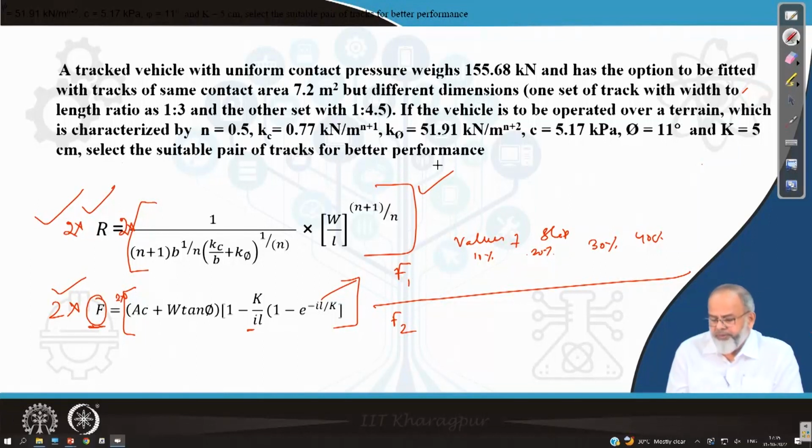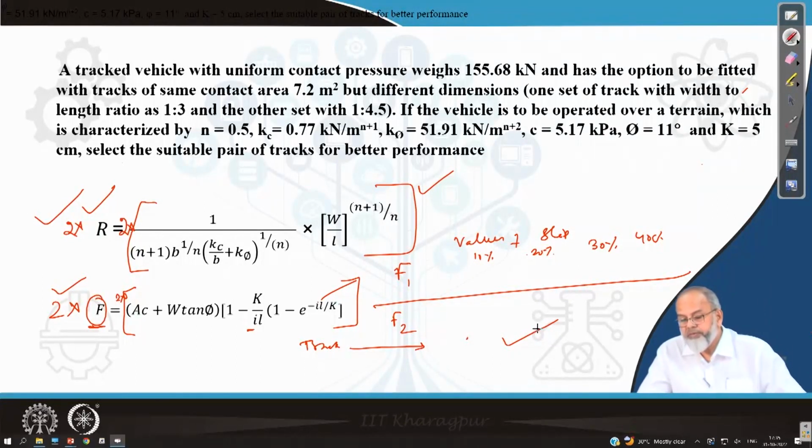Obviously, we'll come to an end in the sense the track which is having higher length will give you better tractive force and lesser rolling resistance. This will be the conclusion from this problem.